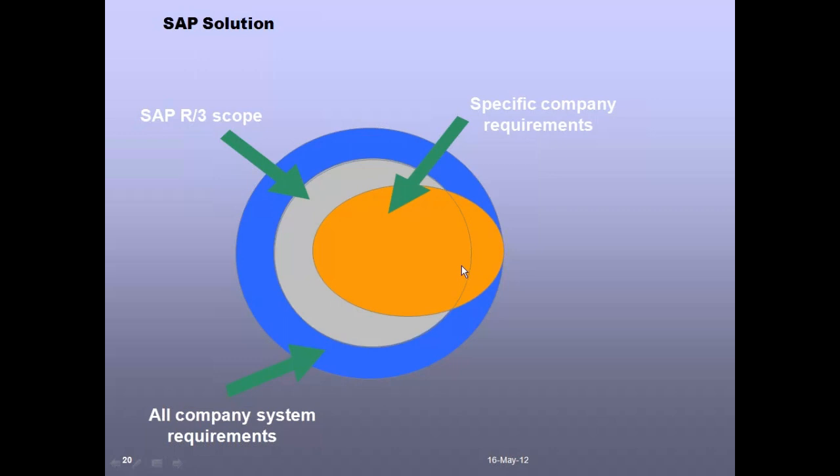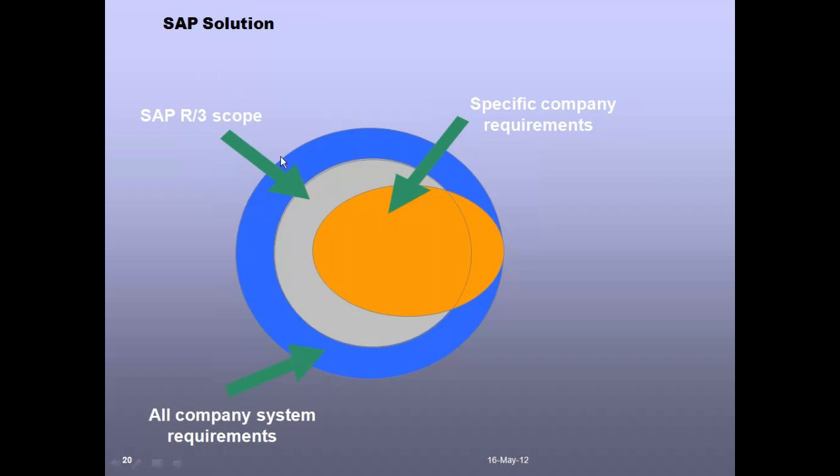Majority of this ellipse has been covered in the inner circle. That means majority of the things can be done by standard SAP programs. You just have to identify what is meant for which purpose, and accordingly configure your system.